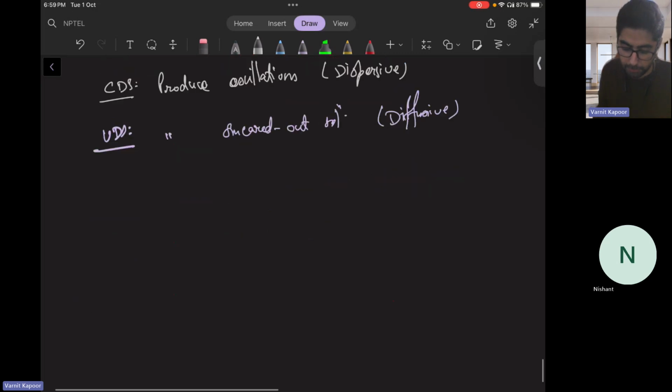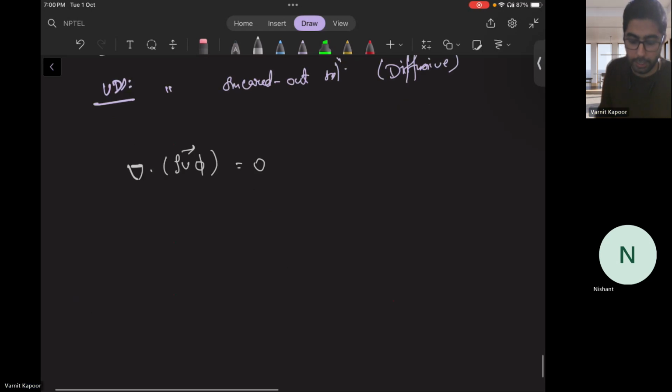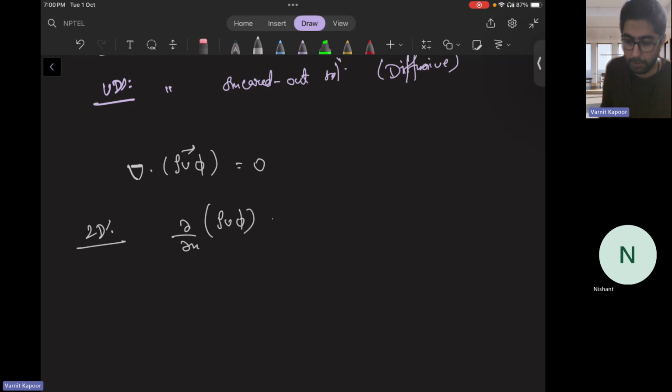Your convection problem was del dot rho U phi equal to 0. In 2D, how will you write it? dou by dou x of rho u phi plus dou by dou y of rho v phi equal to 0.